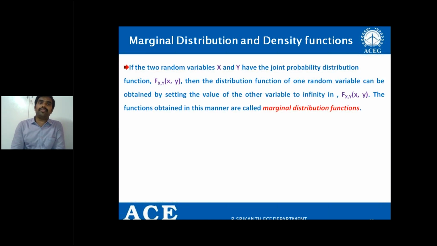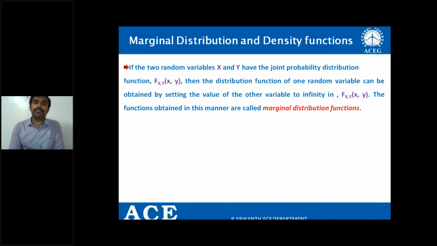If the two random variables x and y have the joint probability distribution function capital FX,Y of x comma y, then the distribution function of one random variable can be obtained by setting the value of the other variable to infinity. What do you mean by this? You can find the distribution function of one random variable, either capital FX of x or capital FY of y, by making the other variable infinity in the joint distribution function.